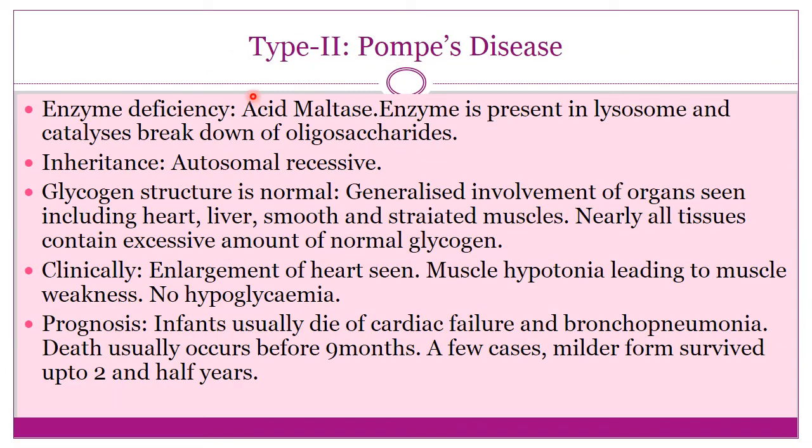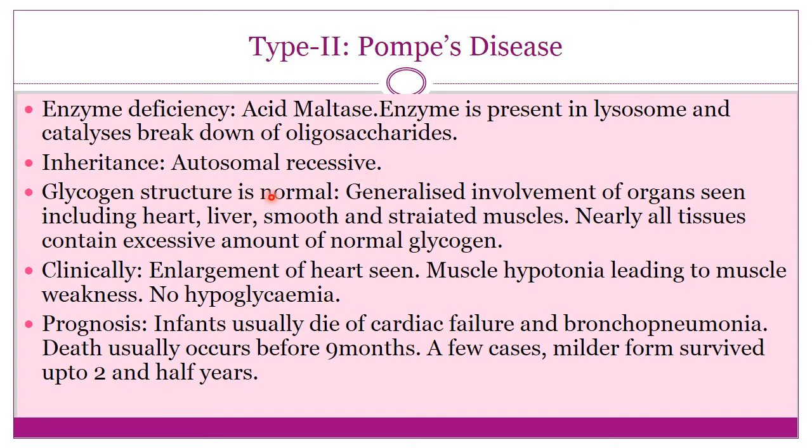Now number 2, that is type 2 disease, that is Pompe disease. The enzyme deficient here is acid maltase, an enzyme present in lysosomes that catalyzes the breakdown of oligosaccharides. So it is because of acid maltase, and this is also an autosomal recessive disorder.